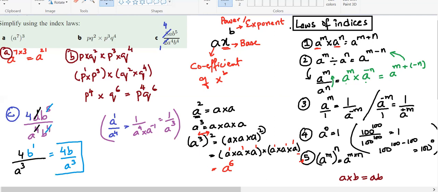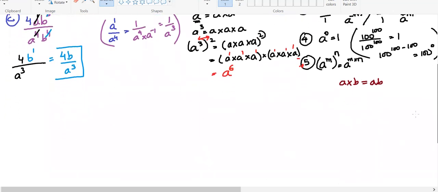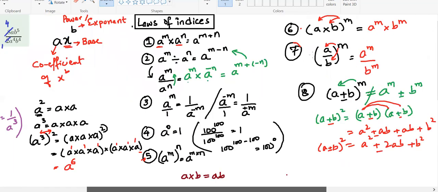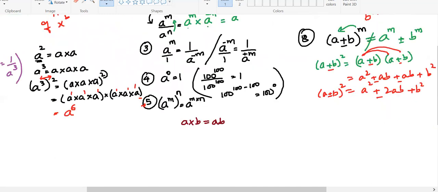It's always ideal that you represent your answer in positive powers. I'm going to give you another example, which was not listed above. Let's say we have (a divided by b) to the power negative m. It's ideal that you represent your final answer with positive powers. Now, one way is if you look at rule number 7 here, if it's the whole power of a quotient, you distribute this power to each of the numerator and denominator.